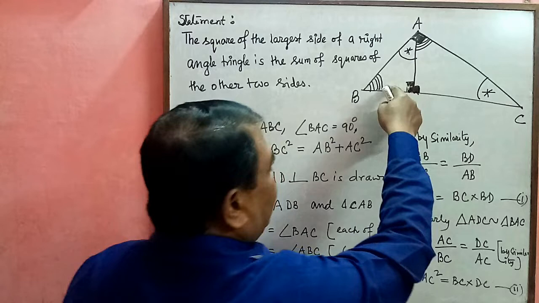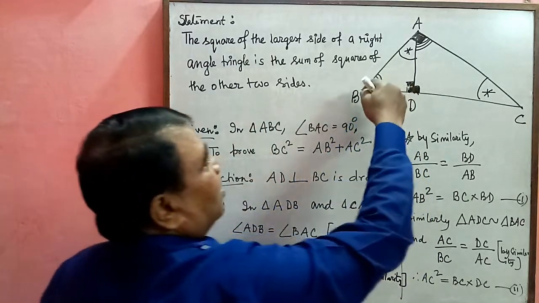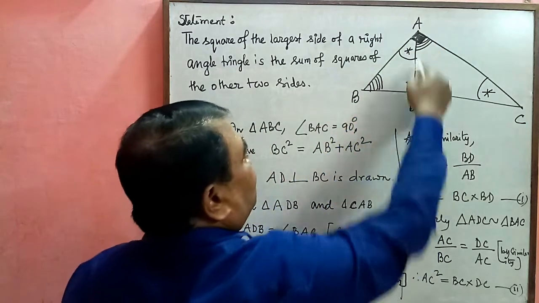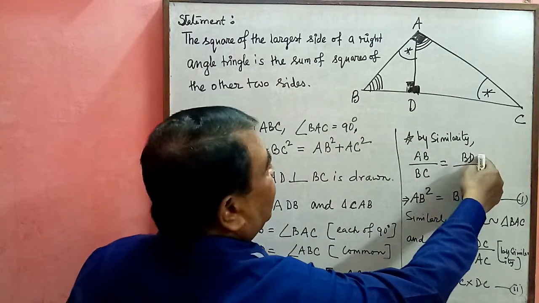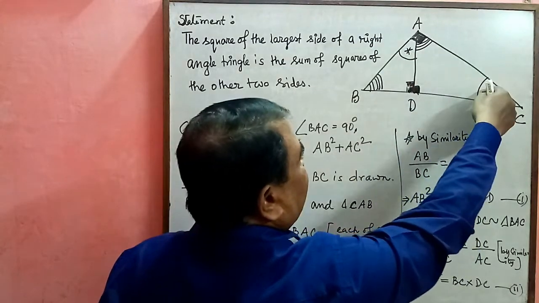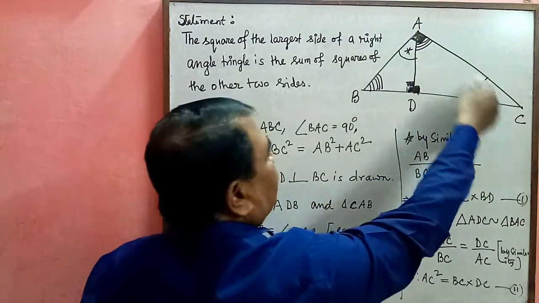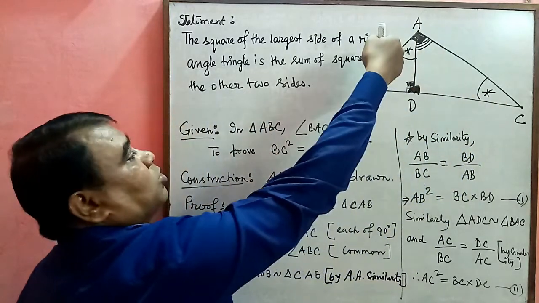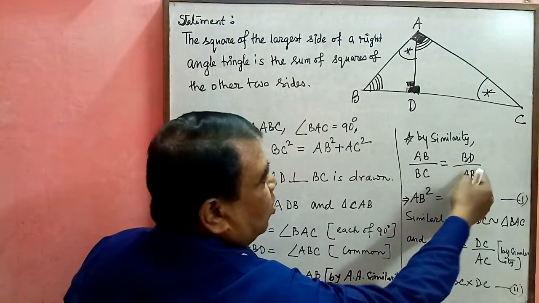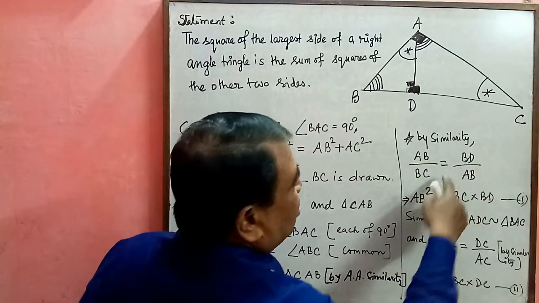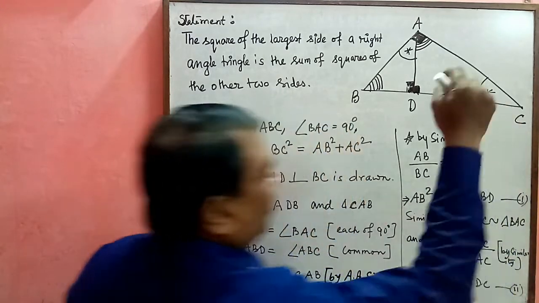So this is your BD. Angle opposite to BAD is your BD, and this is equal to this angle of the greater one. This is C. Opposite to C is AB. So cross multiply. AB square is equal to BC into BD. This is number 1.